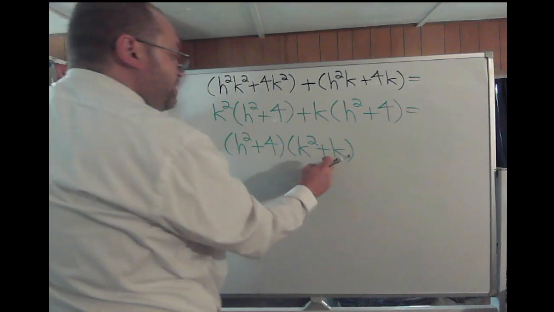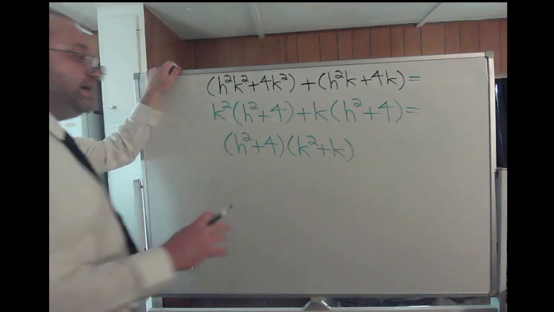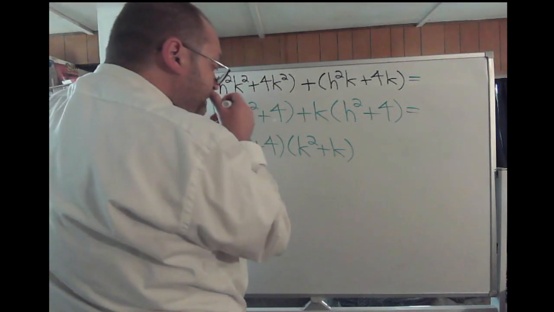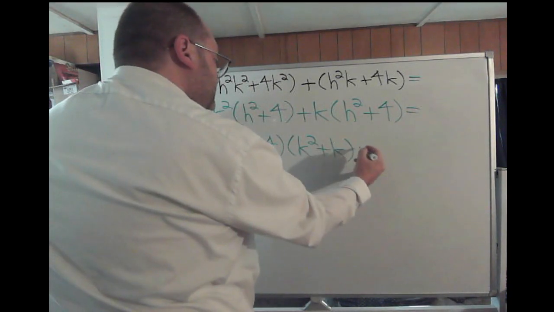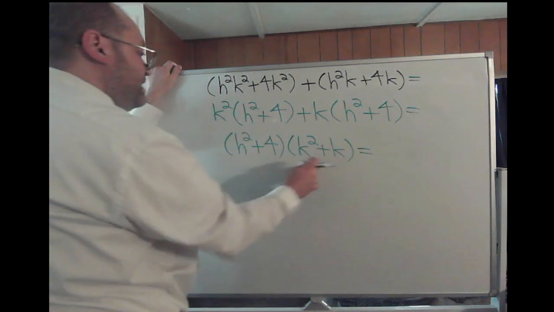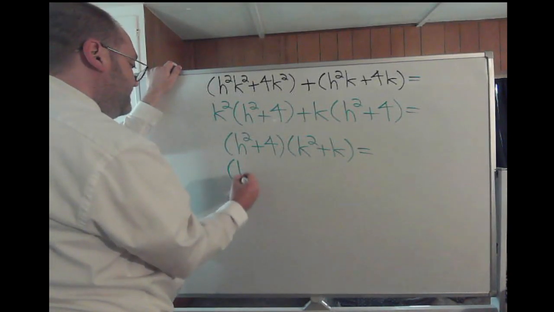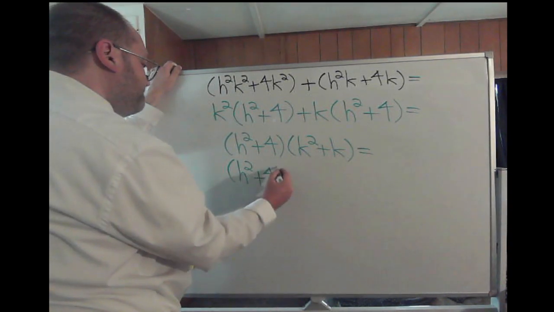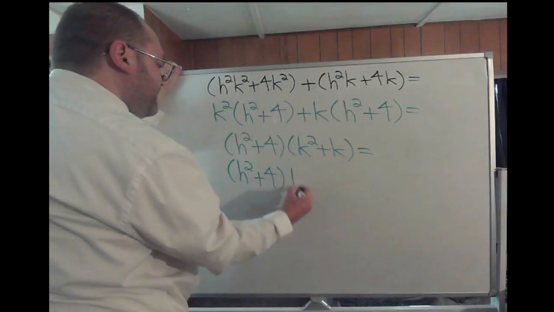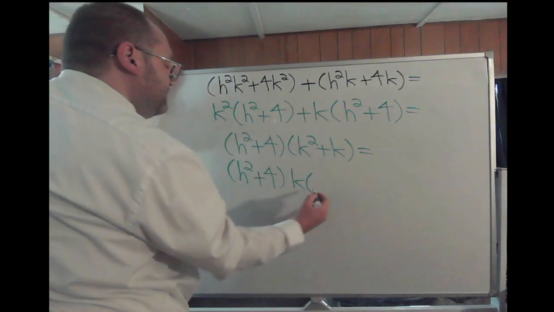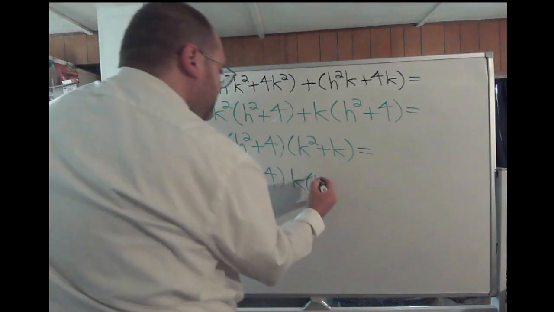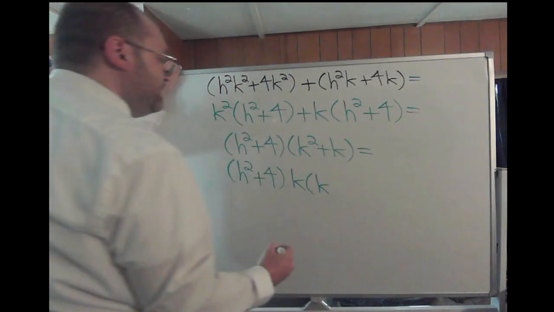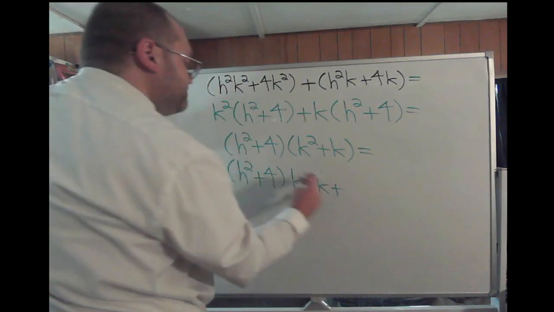However, the k squared plus k, we could definitely factor that a step further, could we not? If you factor out a common k, so you'll have h squared plus 4, then you'll factor out that common k times what equals k squared? That'd just be k, plus k times what equals k?